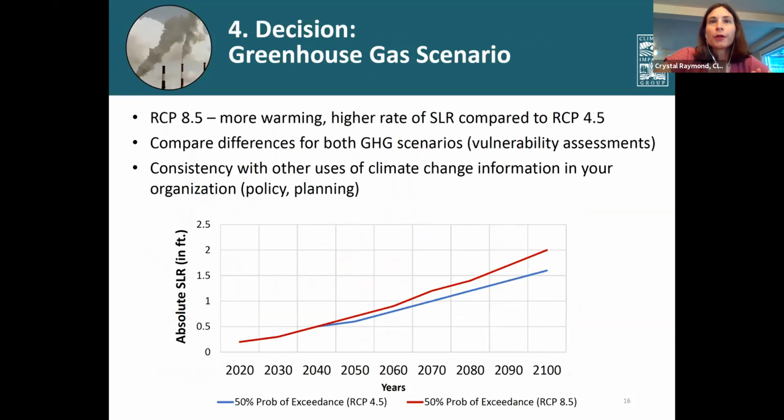And so our fourth and final decision is about the greenhouse gas scenario. So that probability range that I described is available for each of 2 greenhouse gas scenarios. These greenhouse gas scenarios are essentially different futures associated with climate change based on different assumptions about population growth and emissions.